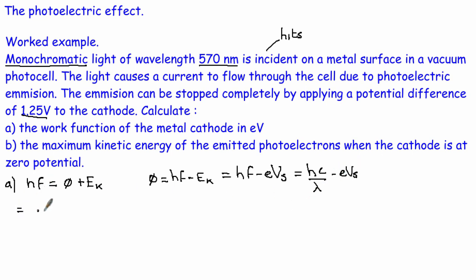So if I just put all of these numbers in, I end up with 6.63 times 10 to the minus 34. So that's Planck's constant multiplied by the speed of light, 3.0 times 10 to the 8. They're things I just get from my data sheet, divided by the wavelength, which I'm told in the question is here. So that's 570 times 10 to the minus 9.